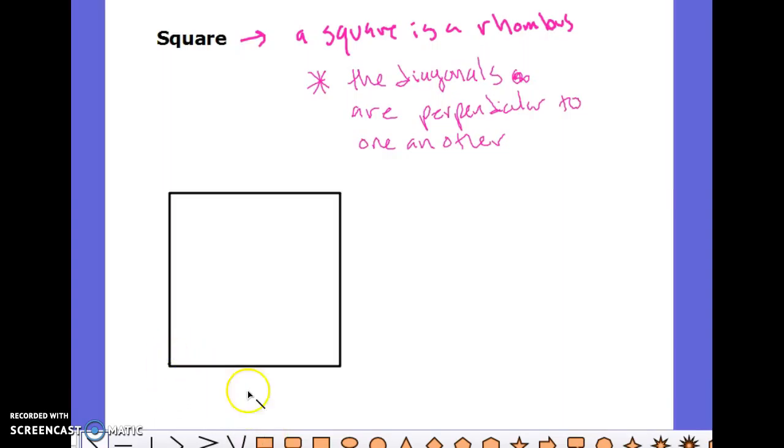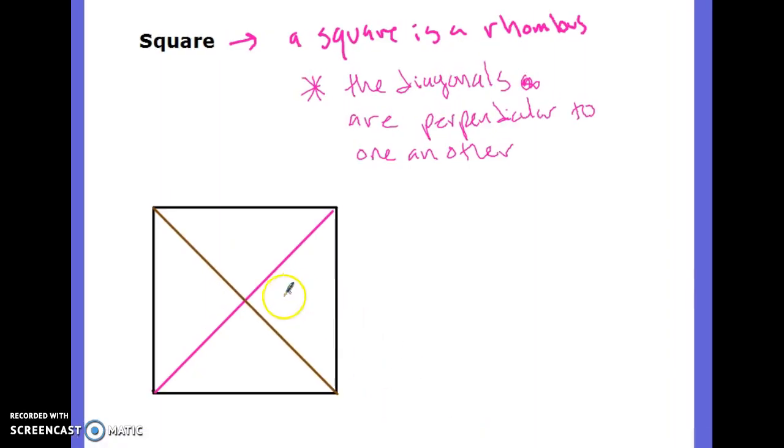If we draw in our 2 diagonals, I'm going to do them 2 different colors just to have some reference. Perpendicular meaning that where they intersect, all 4 of these angles are 90 degrees.